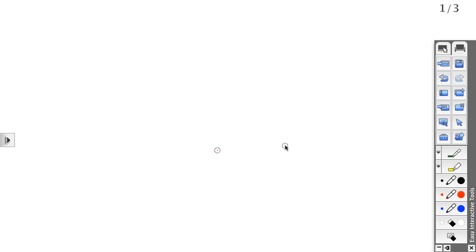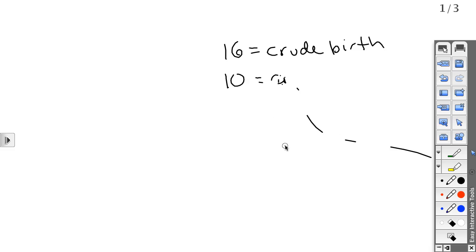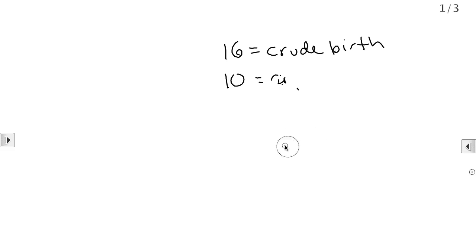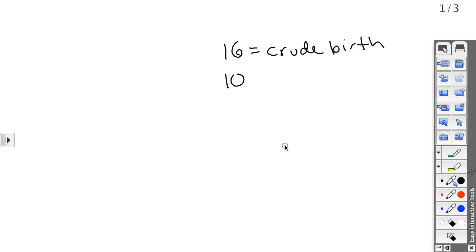If you're lucky, sometimes they'll give you crude birth and death rates, and that's really great. Like crude birth rate might be 16. If your crude birth rate is 16, and your crude death rate is 10, when you see the word crude, you know that means per thousand, which is great. I love it.